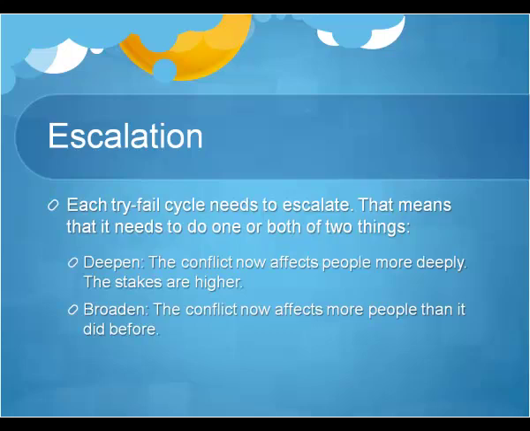Broadening is taking the conflict and making it affect more people than it did before. Let's say the king sends out his messenger bird to the next castle over and says, "Hey, we need reinforcements, come help us." And it comes back and says, "Oh, I'm sorry, there's another huge goblin army here too. And we can't help you.